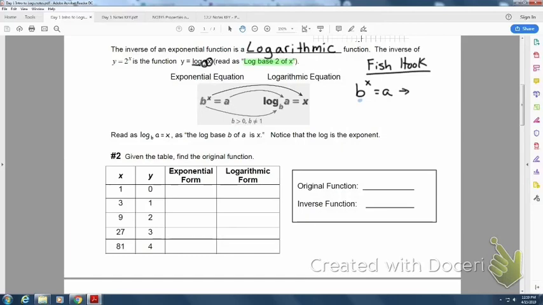One thing that a lot of people forget: if I'm going to logarithmic form, the first thing I need to write is log. And I'm starting with my base, so I've got log base b. I'm going to go across to the a, so log base b of a, back to the x.